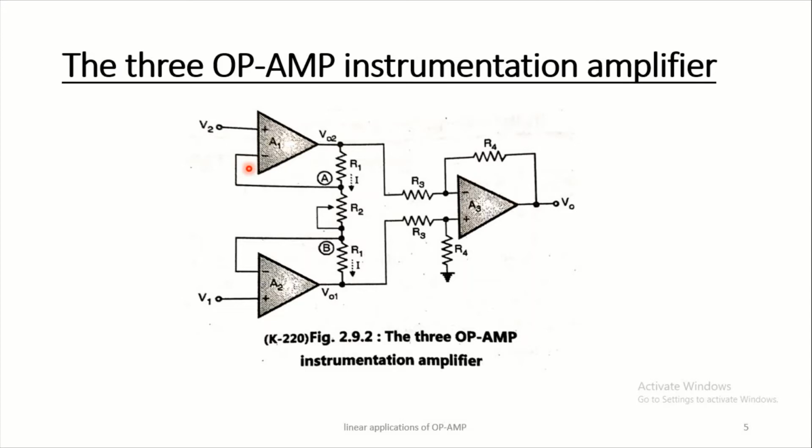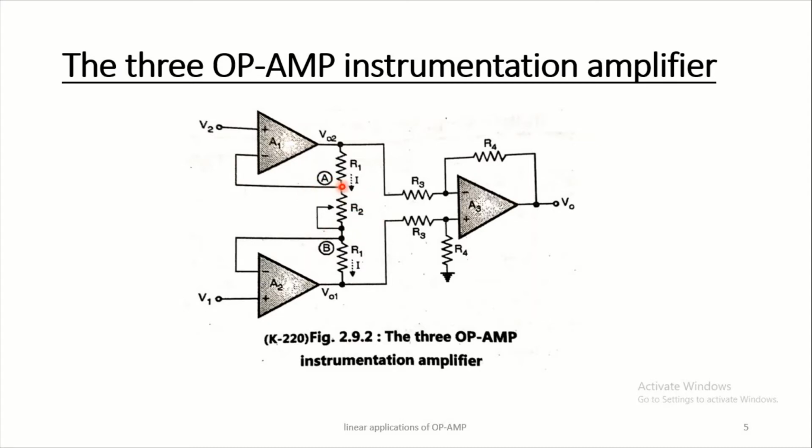Previously we saw the non-inverting amplifier with the negative terminal connected to ground, but here we connect the negative terminal at the resistance R2. The amplifier A3 has a feedback resistance R4 and an input resistance R3. And here three resistors are used: R1, R2 and again R1. Both of these two resistances have the same value R1, and the middle resistance has the value R2.